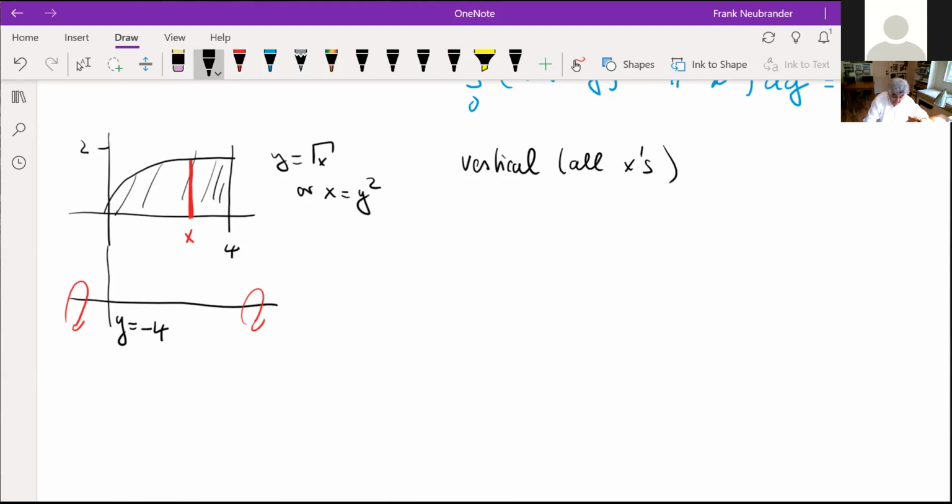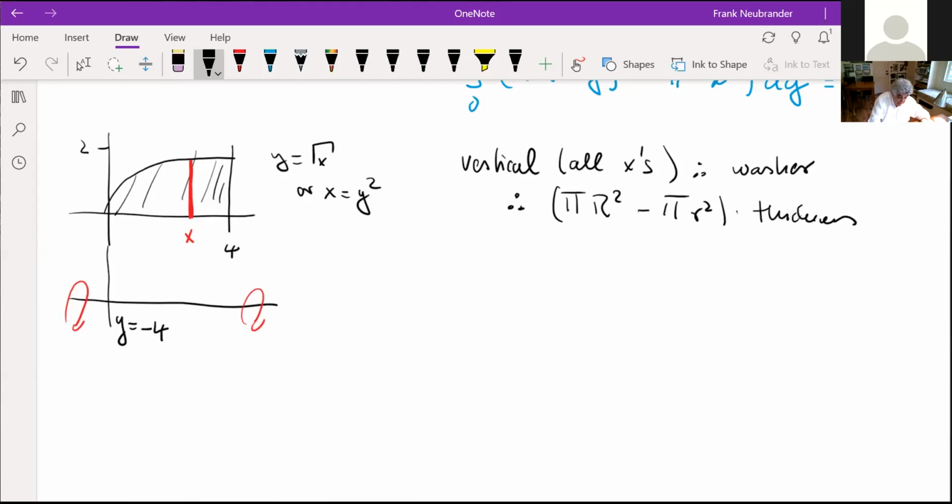So everything has to be an x. And if you rotate this red slice about the line y equal to -4, you will get a washer. And so the key formula you will use, pi times the big radius squared minus pi times the small radius squared, and this times the thickness of the washer.